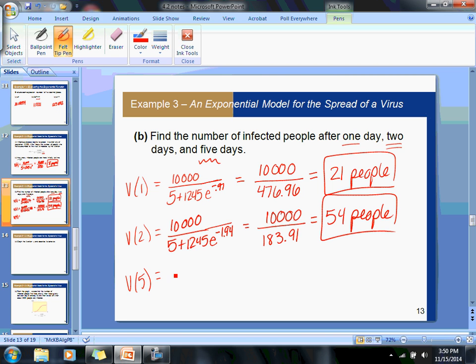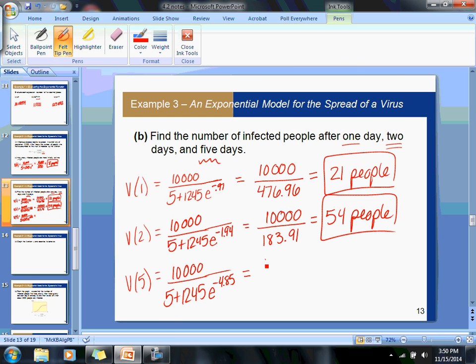And then for V of 5, we're going to take the negative 0.97 and multiply it by 5. So we get negative 4.85. Okay? And again, take e to that power, get an answer, multiply it by the 1245, get that answer, and then add the 5.